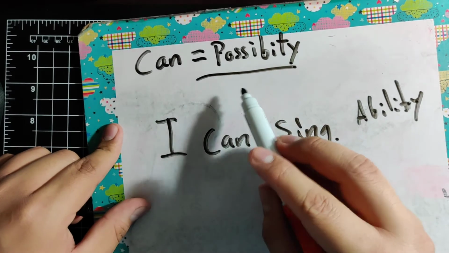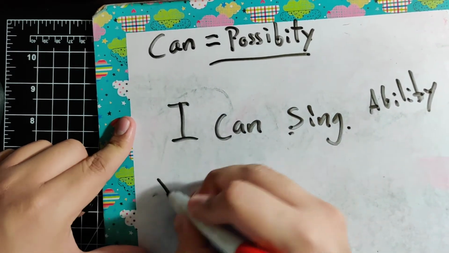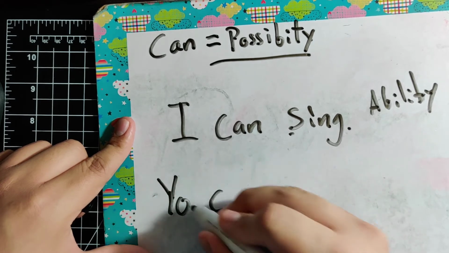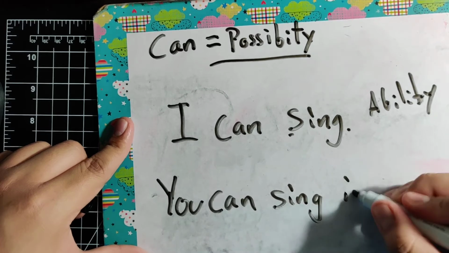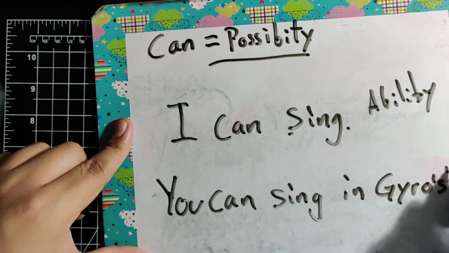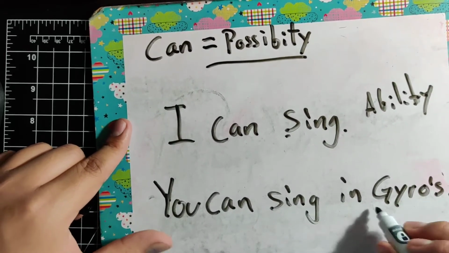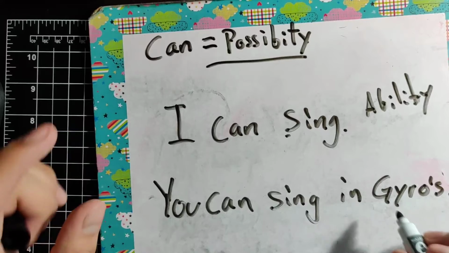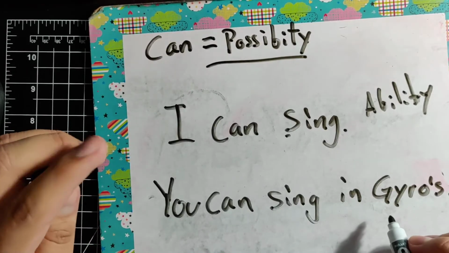But that's not a possibility. A possibility is, for example, you can sing in Giros, which is a karaoke. Or, for example, you can sing in, what is it, Pizza Risa? Yeah, you can sing in Pizza Risa.